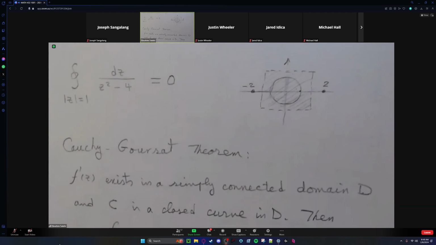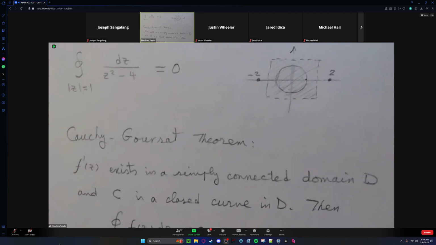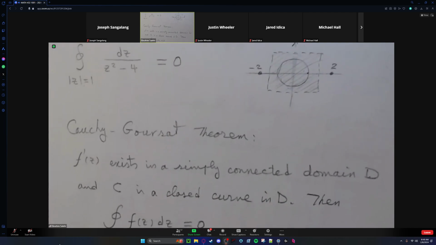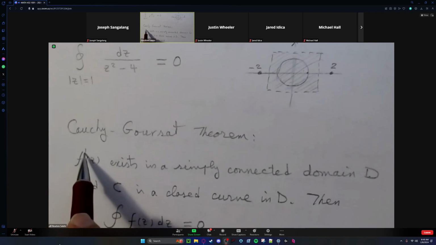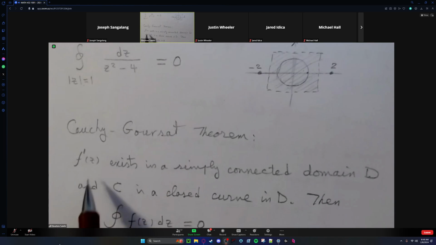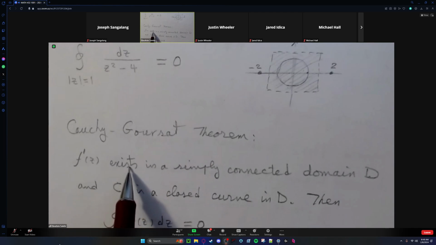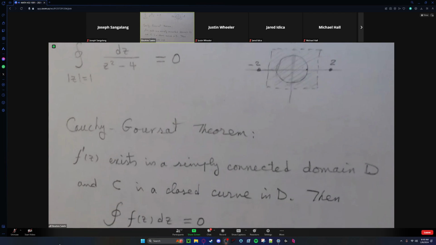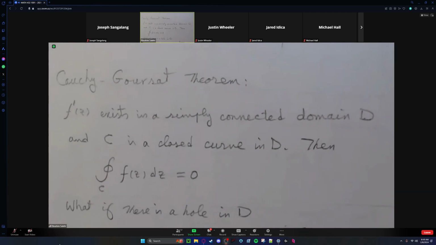As I said, the continuity is not really needed. We only need to know that the derivative exists. As soon as the derivative exists in a simply connected domain, if you integrate over a closed curve in that domain, the result is 0.